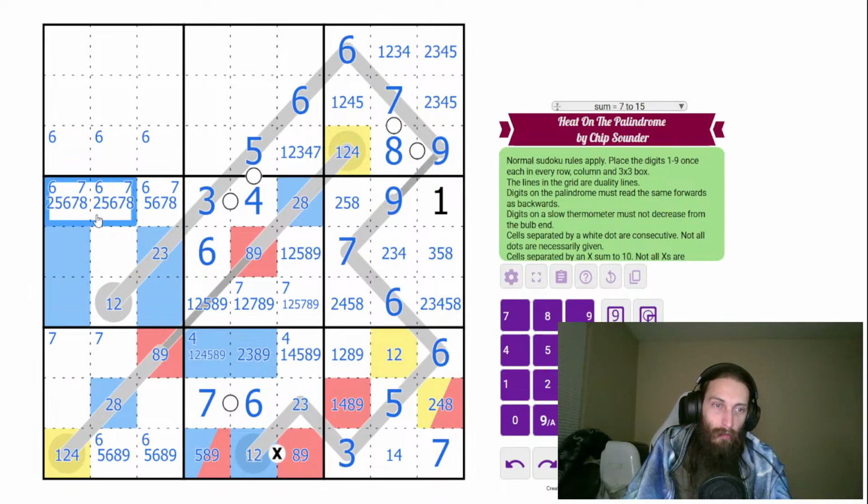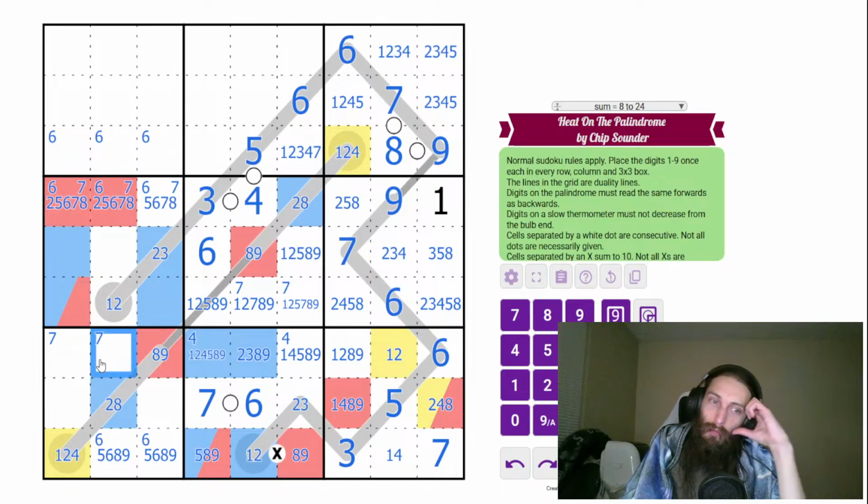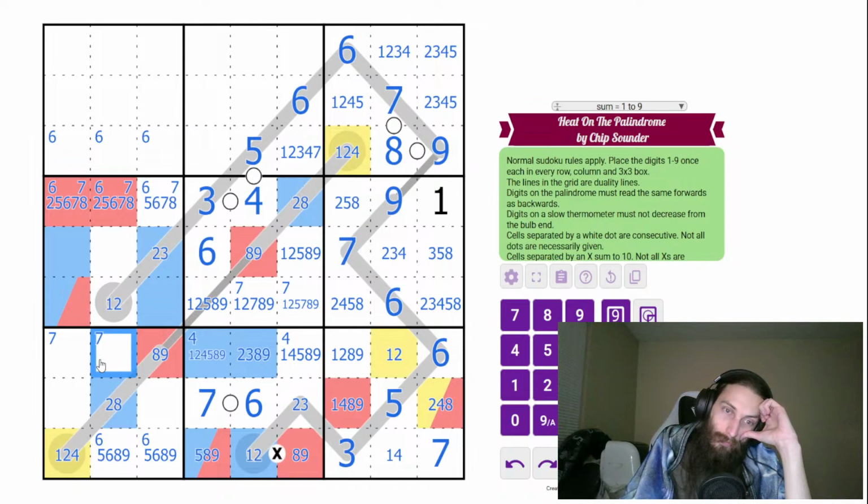And red, well, it can't be 1 or 2. So red's gotta look like this. But that doesn't seem like enough information.